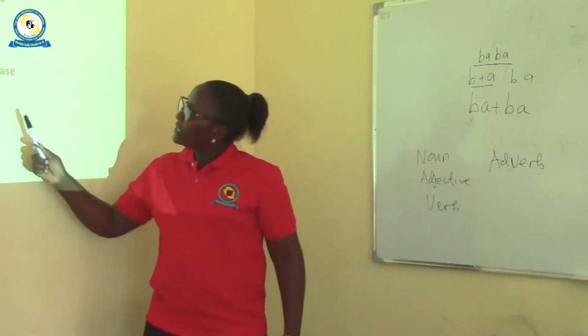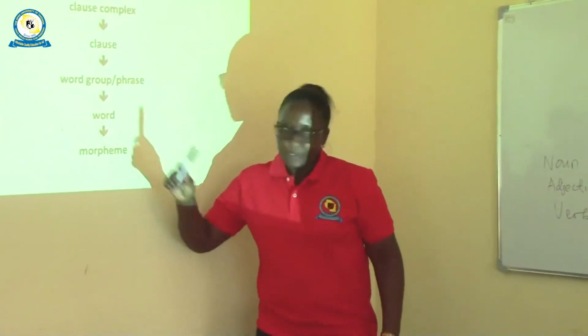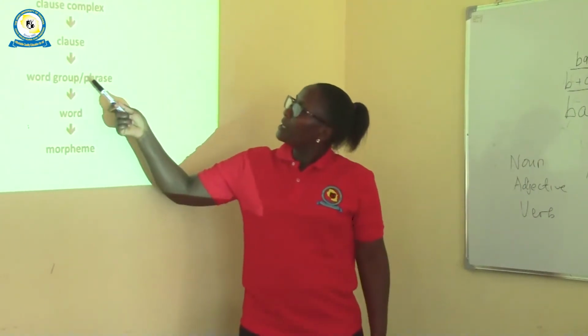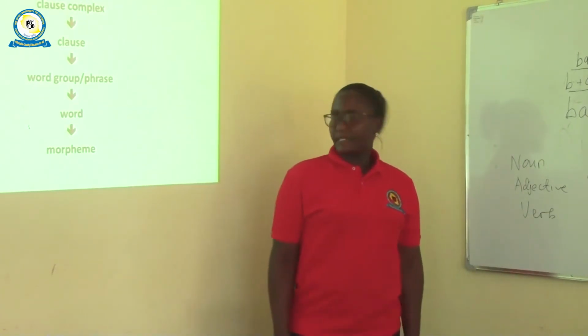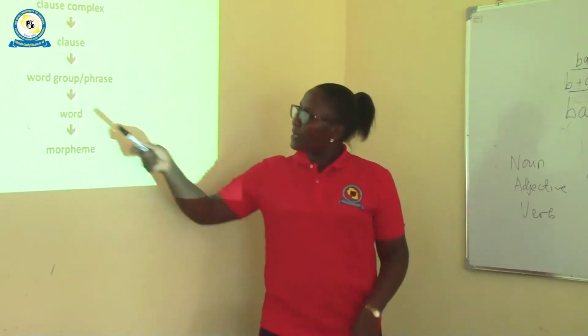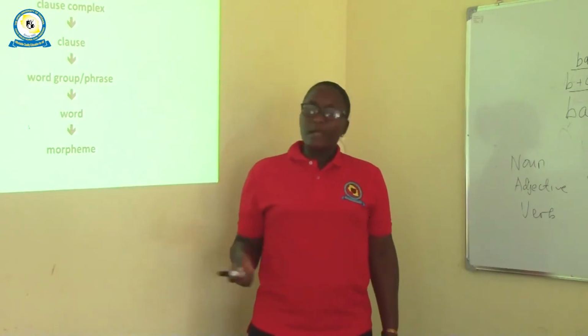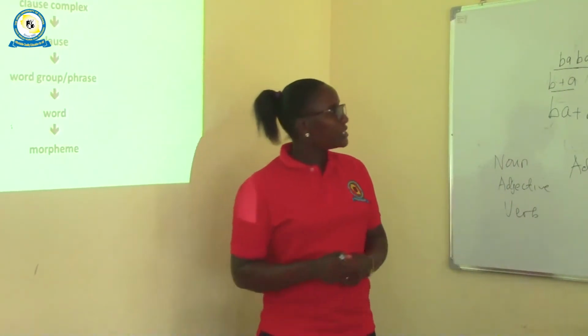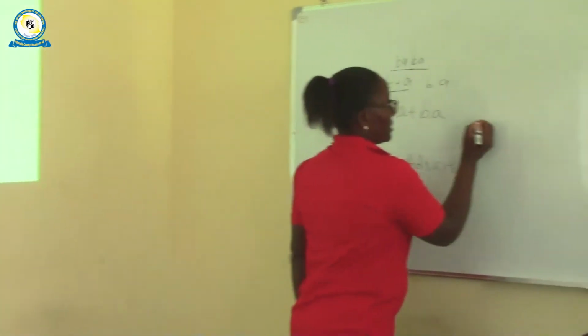But also from a word, when we group together the words, then we have the phrases, okay? A phrase is a group of words of the same category together, okay?